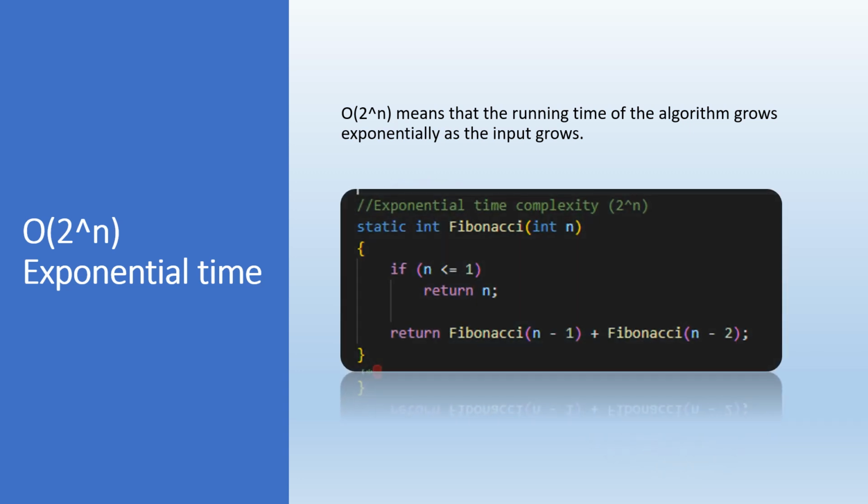This is the Fibonacci series, where a given element is the sum of the previous two elements. This Fibonacci code is written as a recursion, meaning the Fibonacci function calls itself for the previous two elements. So it grows exponentially every time. This is exponential time.